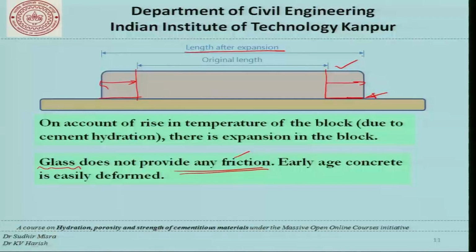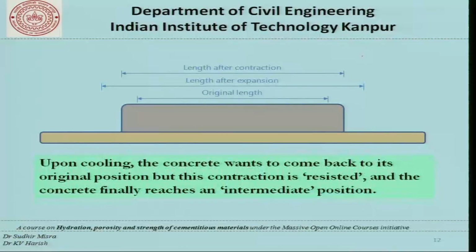Now, the concrete does not remain at an elevated temperature all the time. Once it cools, the concrete wants to come back to its original position, but this contraction is resisted and the concrete finally reaches an intermediate position. This resistance comes on account of two things.